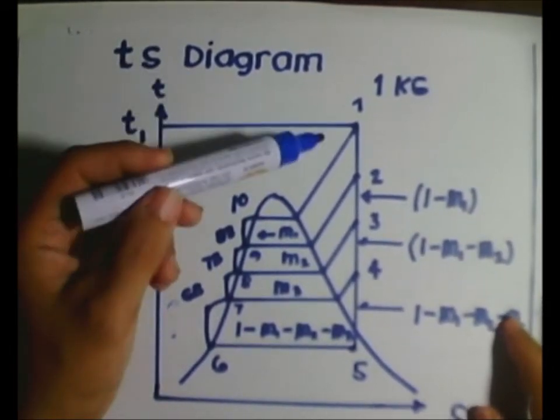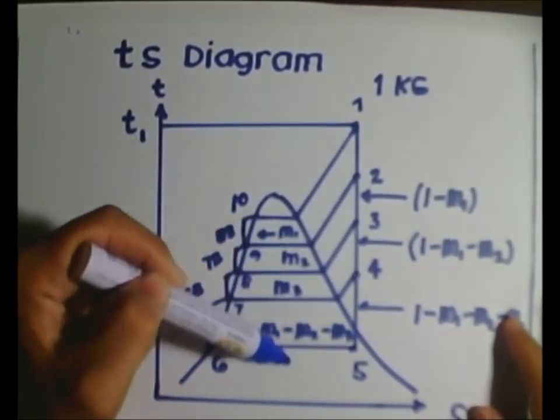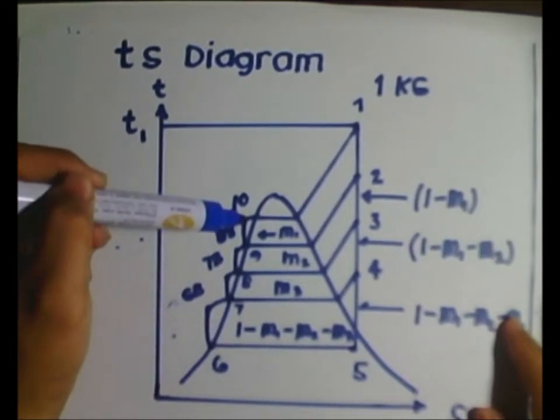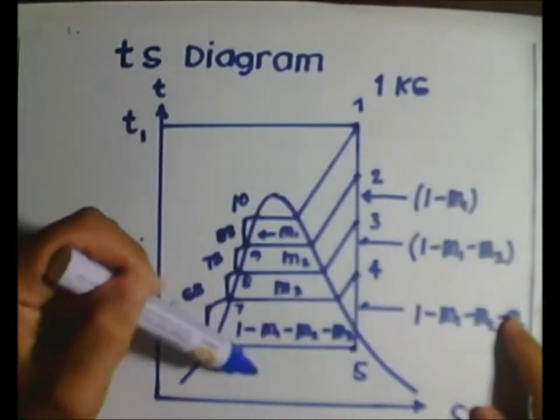So the cycle is from 1 to 10, and it continues.